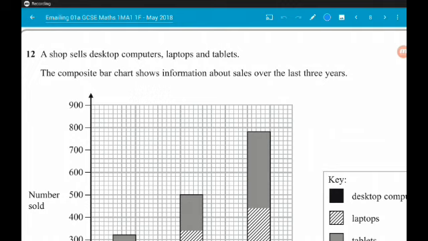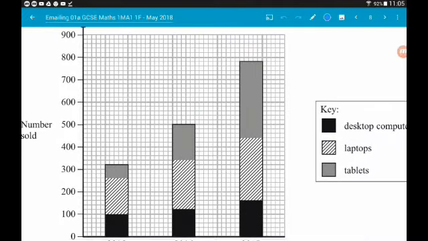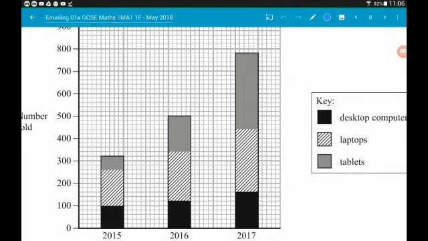Okay, question 12. A shop sells desktops, laptops and tablets. The composite bar chart shows information about the sales over 3 years. So looking at the key, black is desktops, white with black lines is laptops, and grey is tablets.